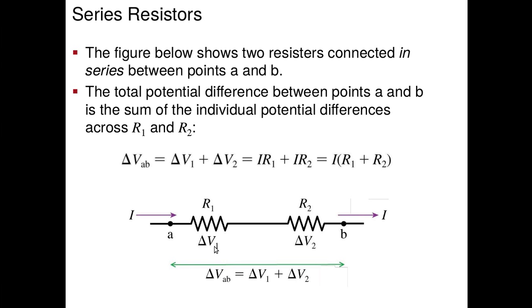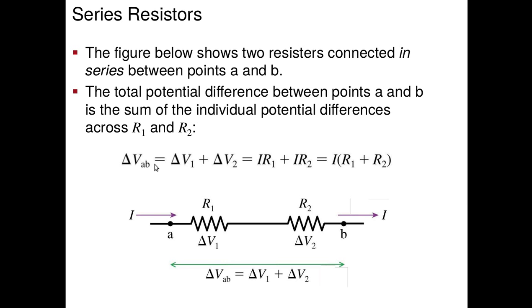So delta V1 plus delta V2 has to equal the potential difference across the battery. Think of it as the bulbs or the resistors have to use up all the energy that the battery provided. You can think about it that way. So that's the loop rule.